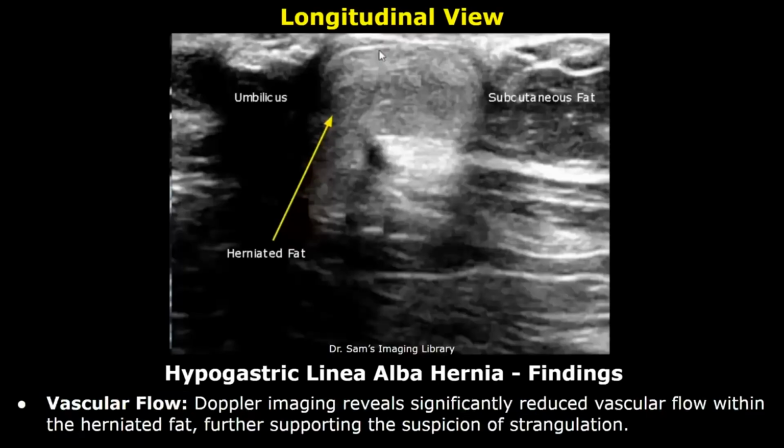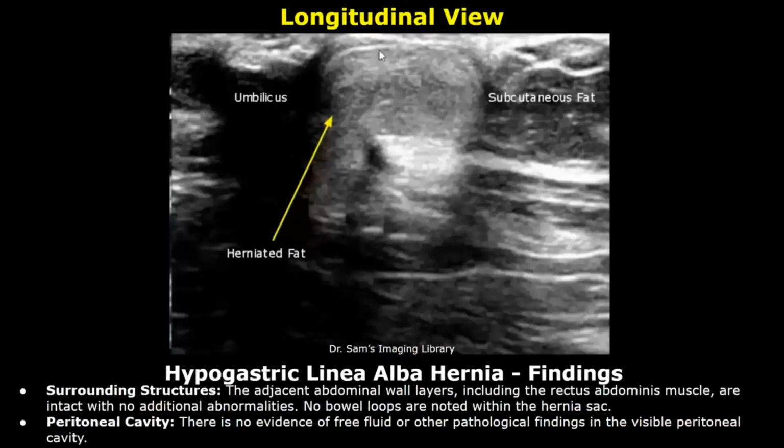Vascular flow: Doppler imaging reveals significantly reduced vascular flow within the herniated fat, further supporting the suspicion of strangulation. The surrounding structures were unremarkable, and there was no free fluid in the visible peritoneal cavity.